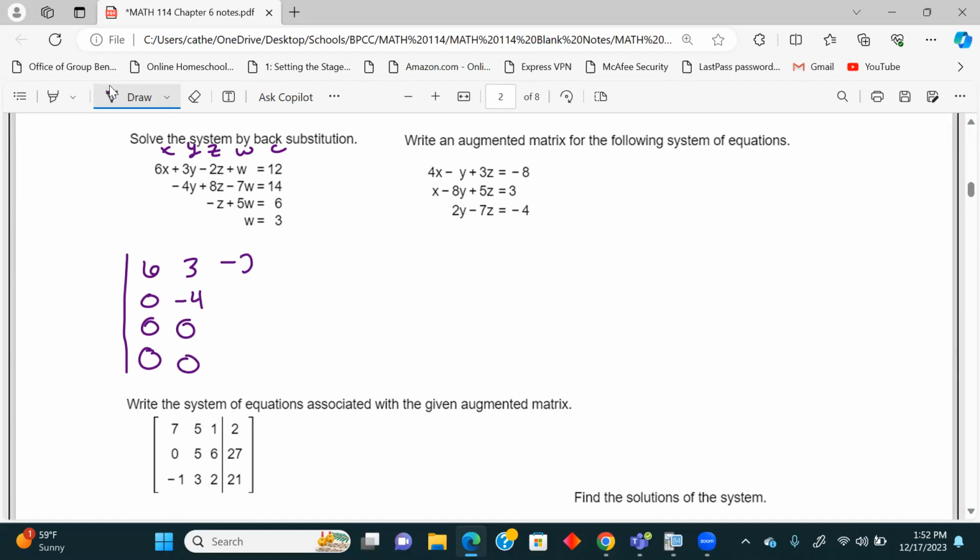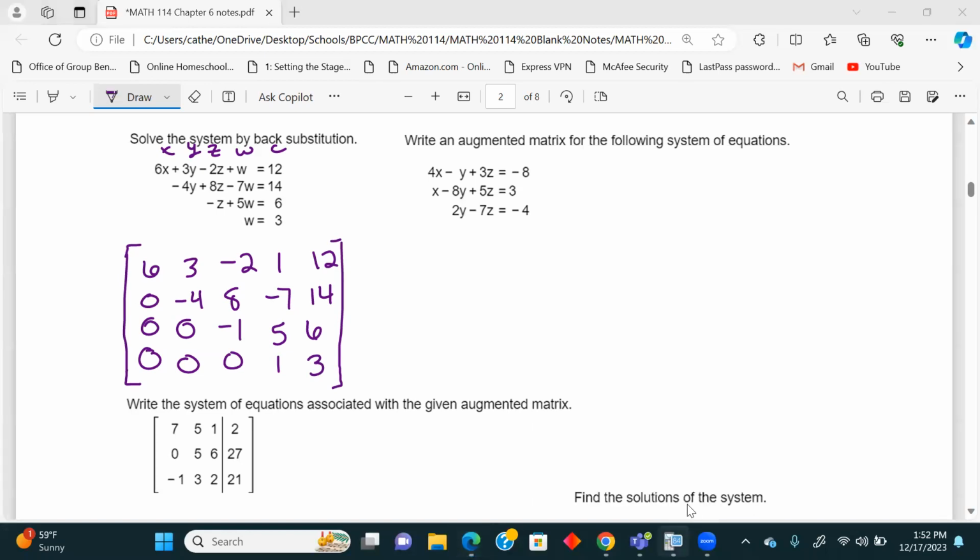For the z column, we don't have one at the bottom. And then for the w's, 1, -7, 5, 1. And then let's put our constants in. So that's the matrix we're going to set up, and we're going to let the calculator solve it for us.